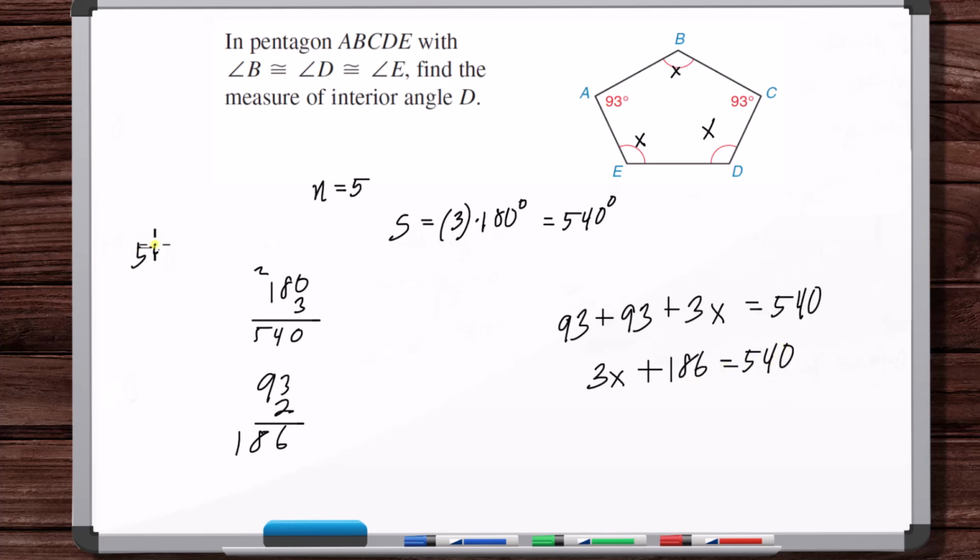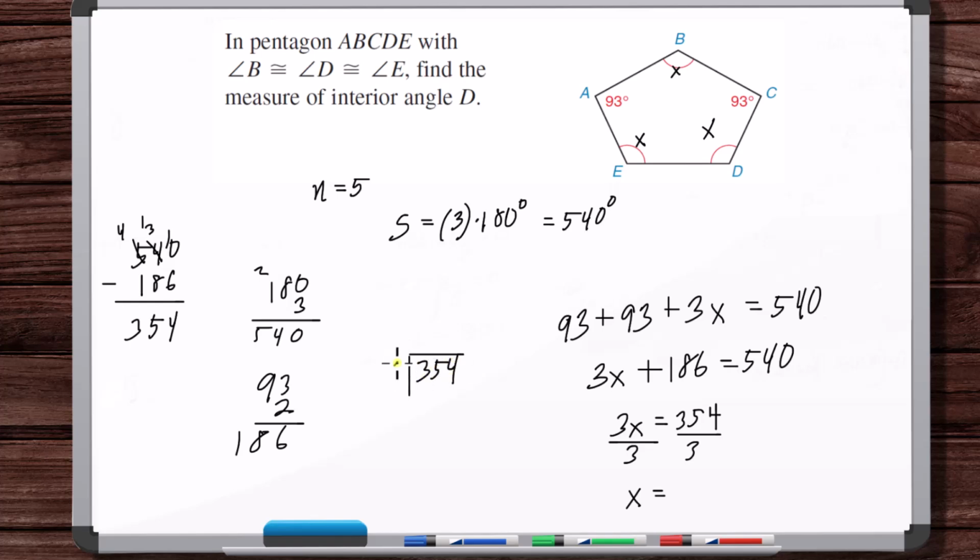So 540 minus 186 is 354. So, okay, 354 divided by 3 is 118 degrees. That's the measure of angle D, E, and B.